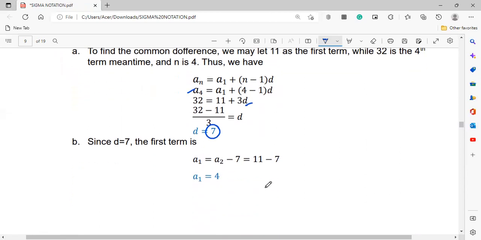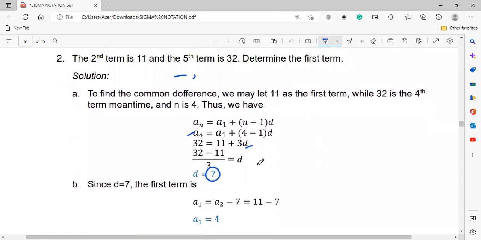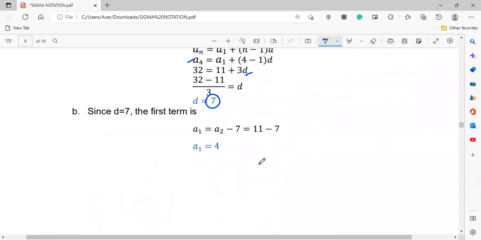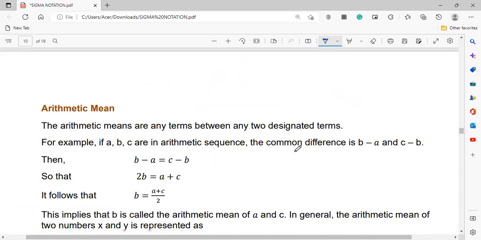Now to get the first term, simply subtract 7 from the second term, which is 11. So 11 minus 7 gives us 4. To check, 4 plus 7 is 11. So we have the first term 4, the second term is 11.